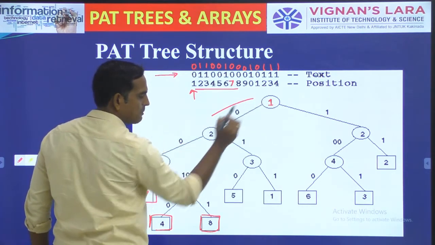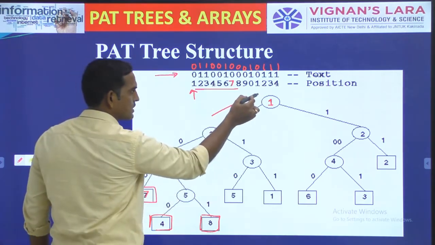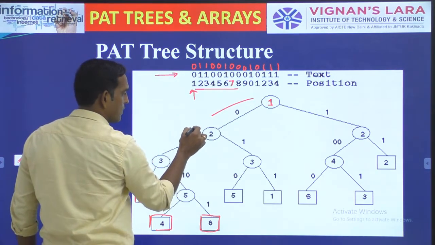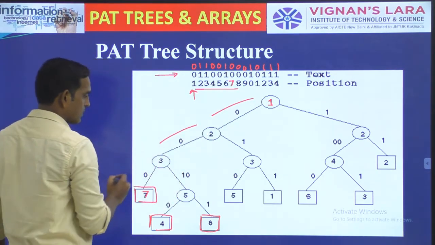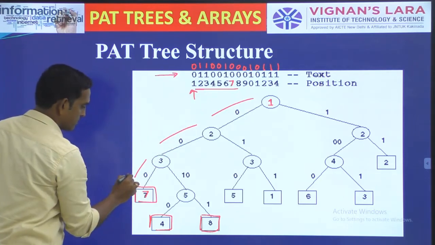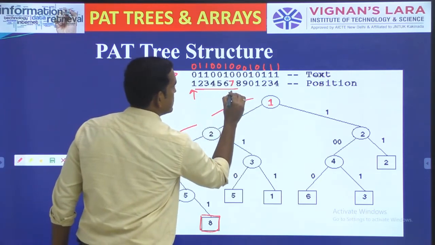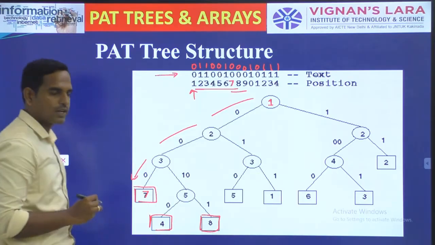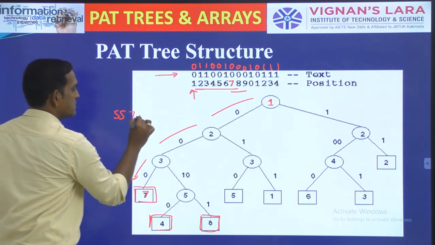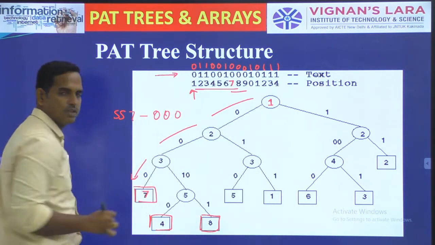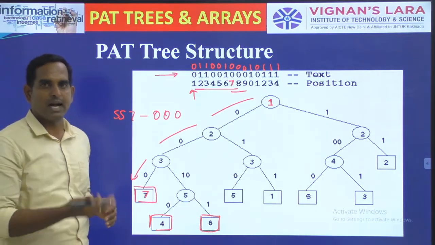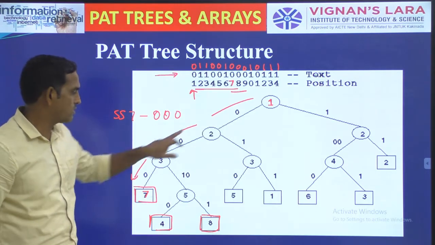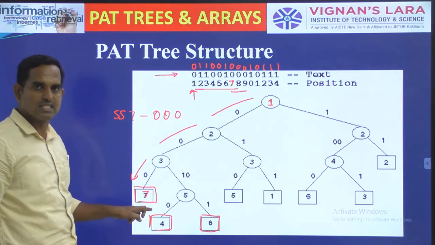Since there is a 1 placed in the root node, I have to check the first bit. Then I have another 0, then a third 0. So your string 7 is 0 0 0. When I search for a pattern 0 0 0, it will point to the 7th string.